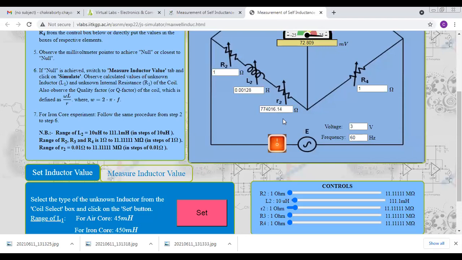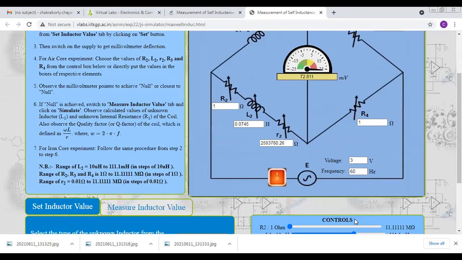If it is stored flux, then again I am going to the beginning. Okay, and let's start. Now, one by one, I want to reduce it.